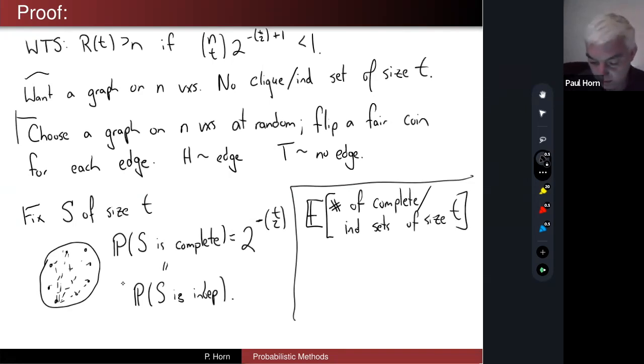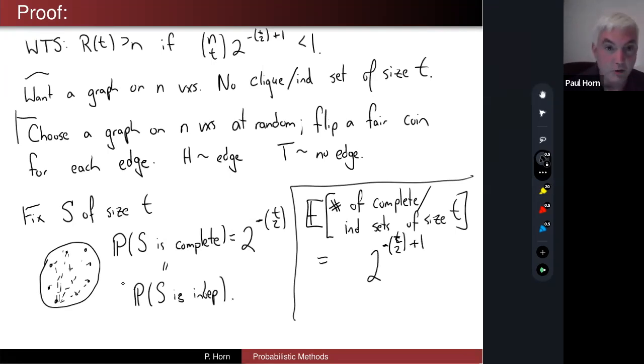Well, for each individual set, the chance that it's independent is this 2 to the minus t choose 2. But actually, there are two ways that it could be complete or independent. So that's where this plus 1 is coming from. That's really multiplying by 2. That's considering these two chances.